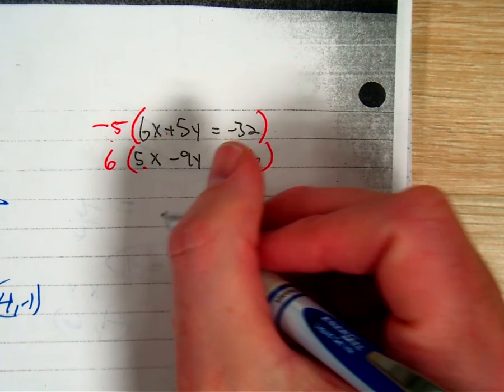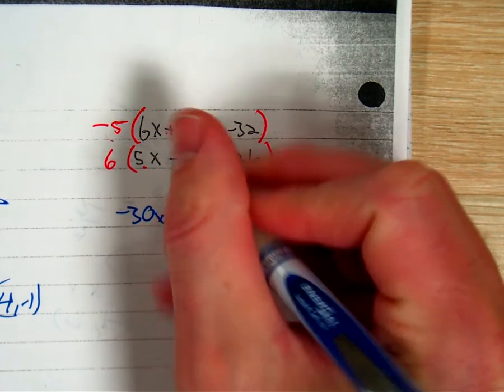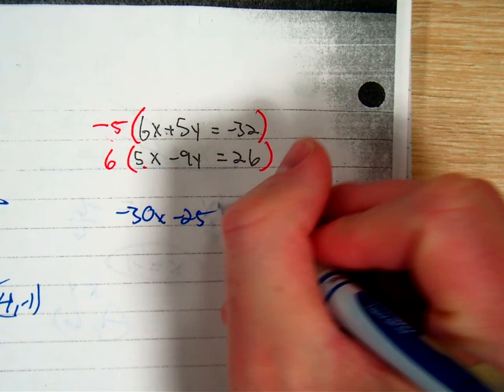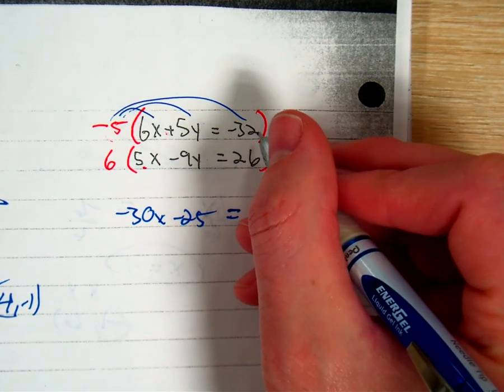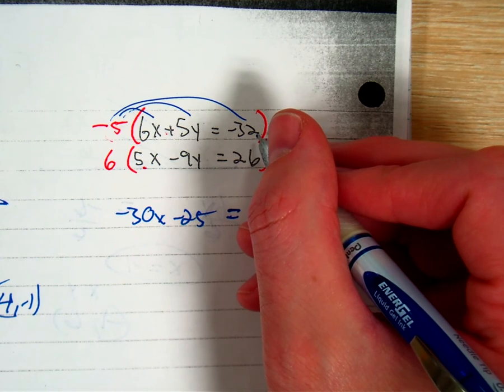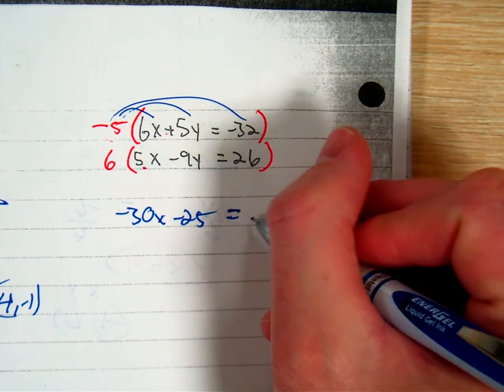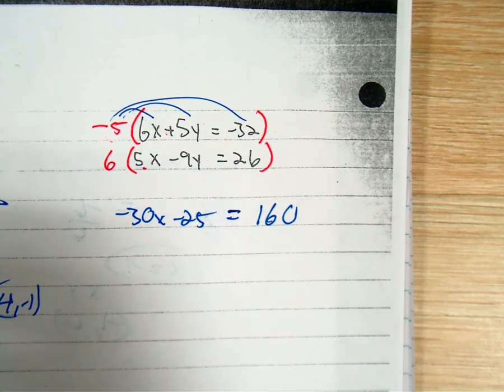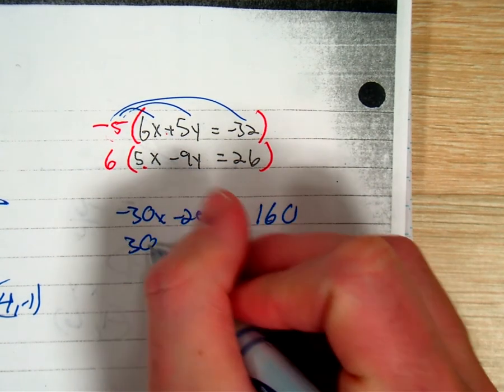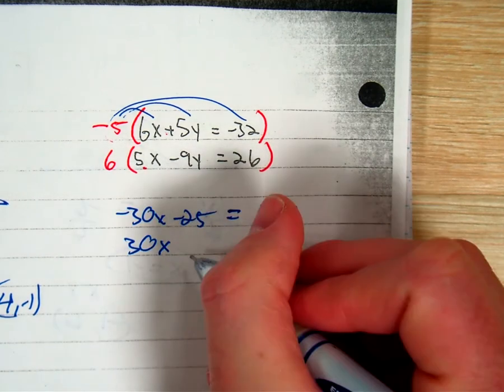So we have negative 30x minus 25y. Remember, it's got to go to all the parts of the whole row. Equals negative 5 times negative 32 is a positive 160. See, we have some bigger numbers. So this is definitely a level 3 here. This is a tougher problem. Negative 54y.